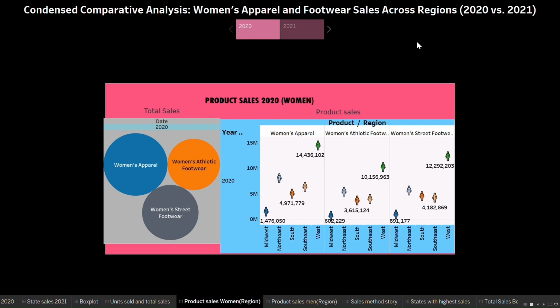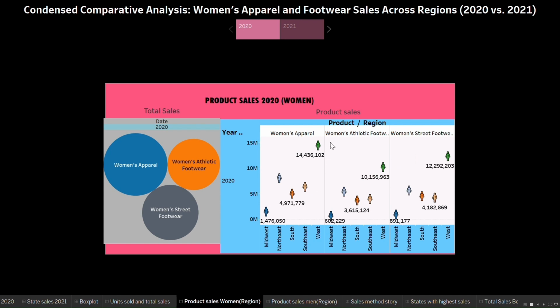Women's apparel and footwear sales across regions, 2020 versus 2021. In 2020, the regions we have are Midwest, Northeast, South, Southeast, and West down here. We can see that in 2020, for women's apparel, the highest sales were 14 million, in the West region of the US.